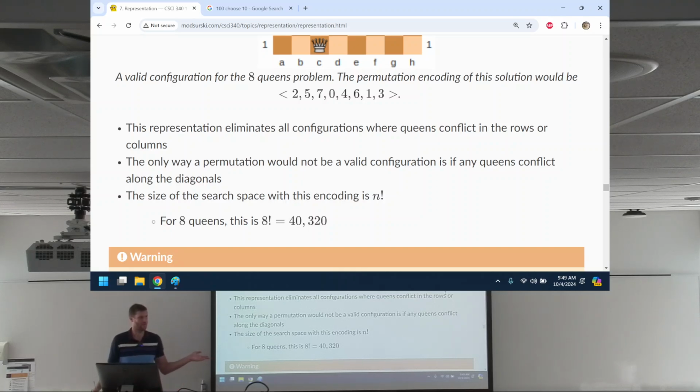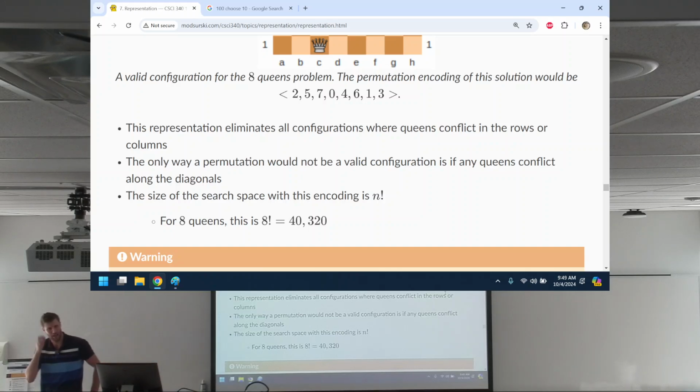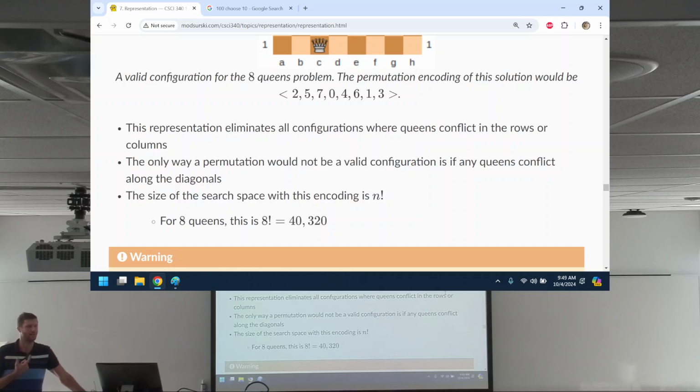So this search space includes all possible configurations we care about, but it excludes a lot that we don't care about. But we still have that gap, right? We're still including the diagonals. This encoding doesn't guarantee that we've excluded diagonals, and we know that if we could exclude diagonals, we'd be in better shape.